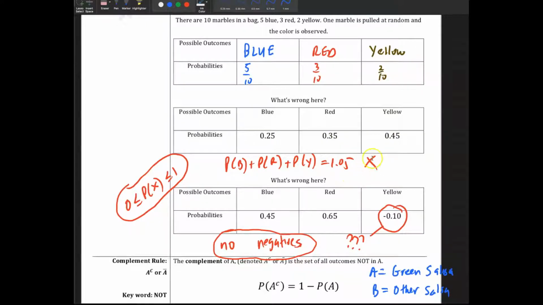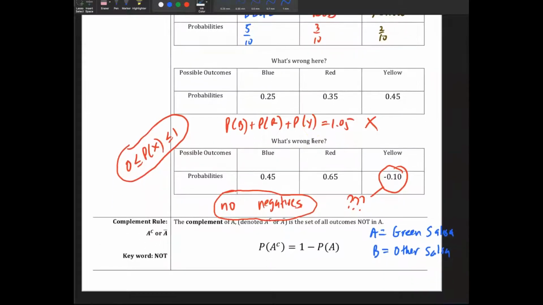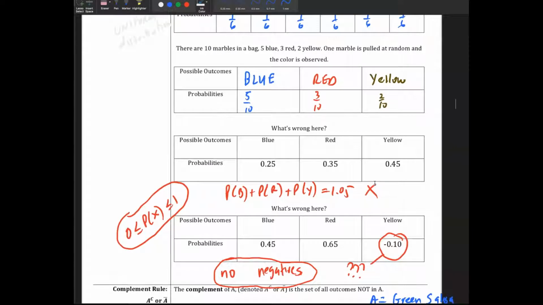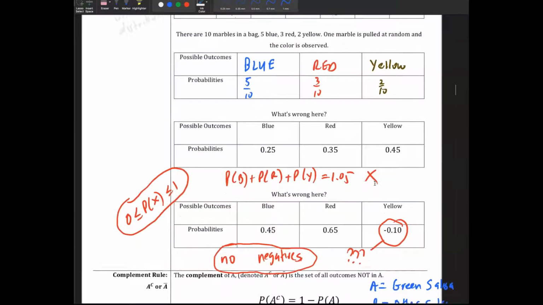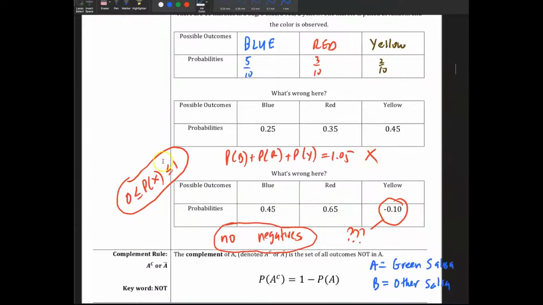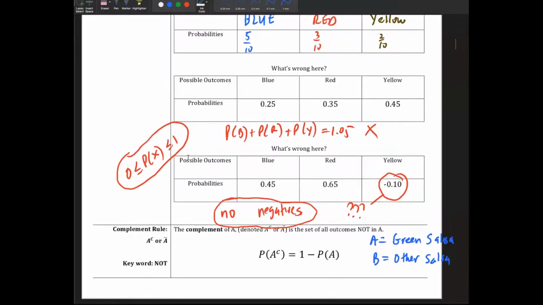Those probabilities equal more than 100%, more than 1. And you can't have a negative probability. The probability of an event, of all the outcomes, is between 0 and 1, including 1.